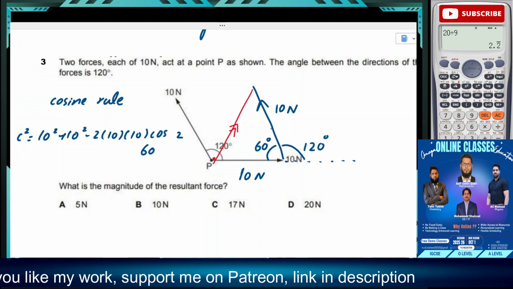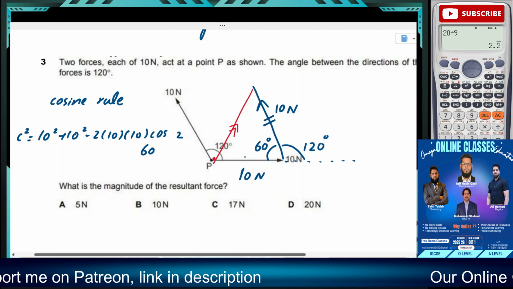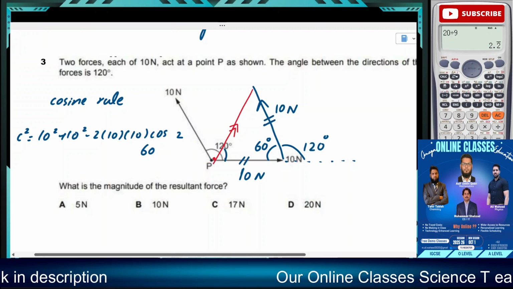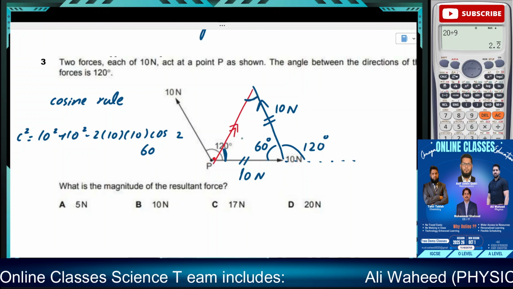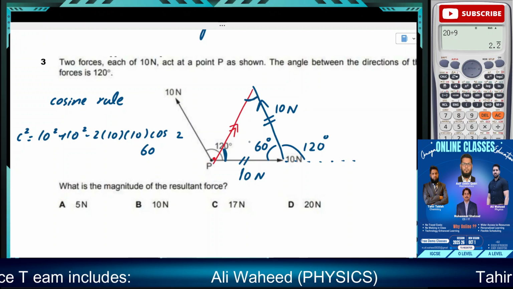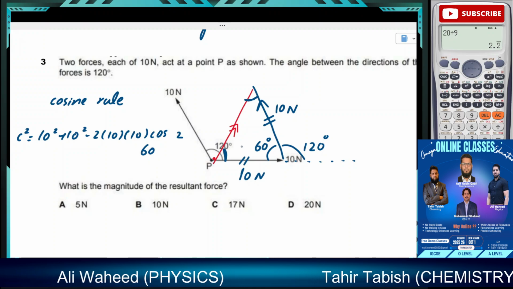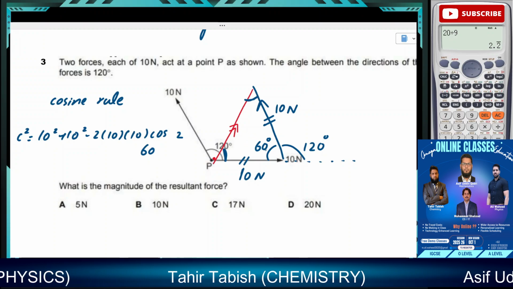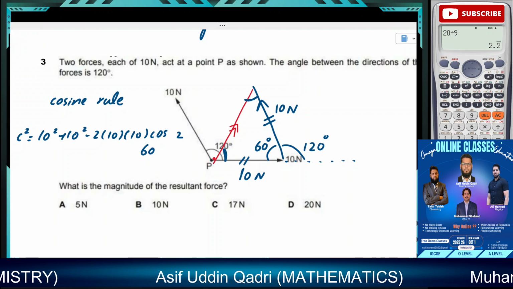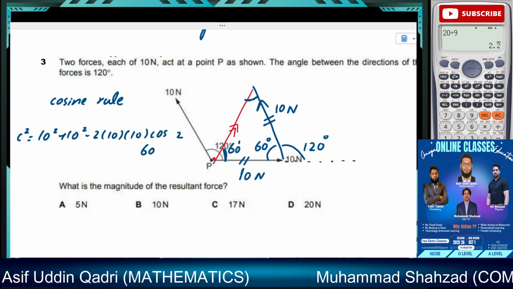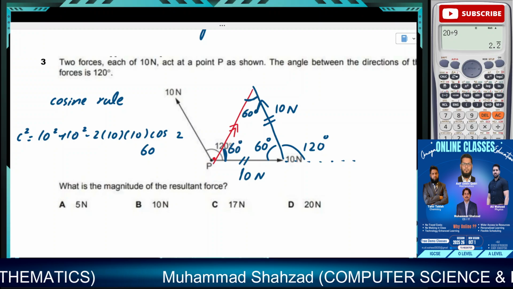Or the other way is, if these two sides are equal, the angles opposite to these sides would also be equal. So out of 180, because a triangle could be only 180, 60 is here, and the other two have to be equal. So the only possible way is if these two are also 60.